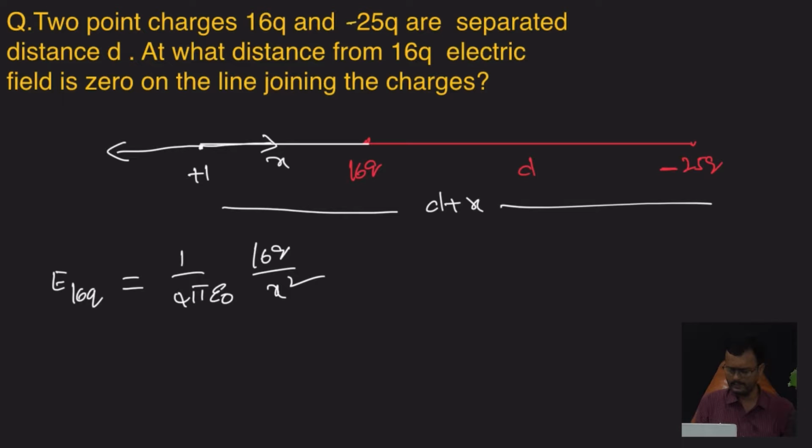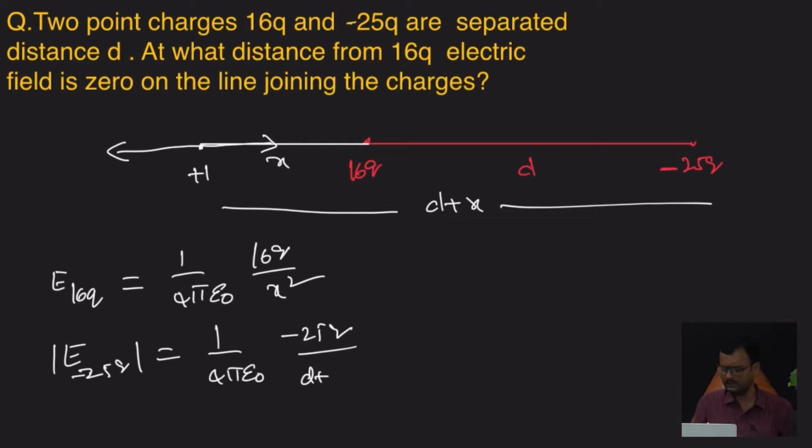This is the magnitude for minus 25q, equal to 1 by 4 pi epsilon naught 25q by distance d plus x, whole square. At this point the electrostatic intensity magnitudes are the same because the resultant is 0.